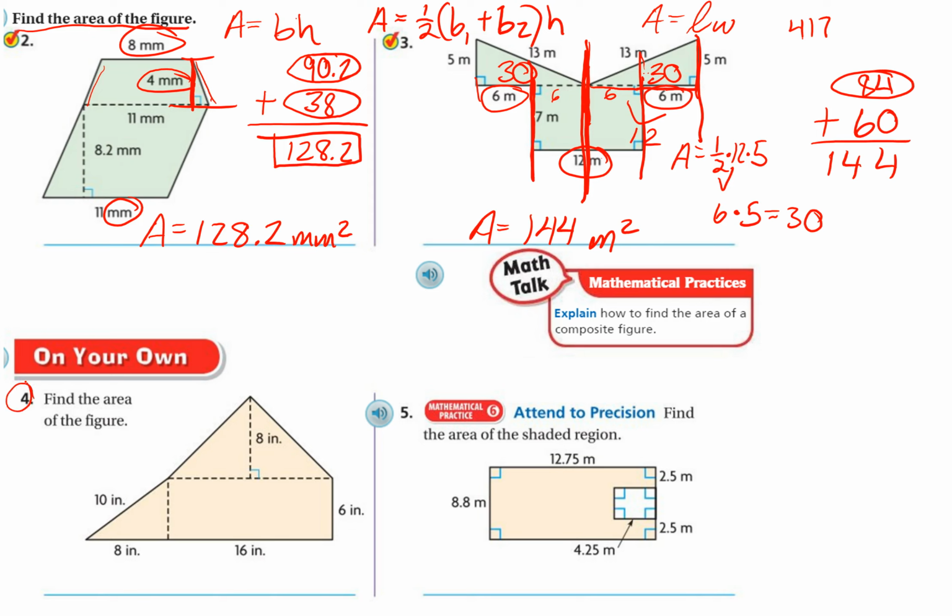I'm going to help you set it up, but then I'm going to have you do it on your own. So we have a rectangle here. We know the area of a rectangle, length times width. You have the length, you have the width.